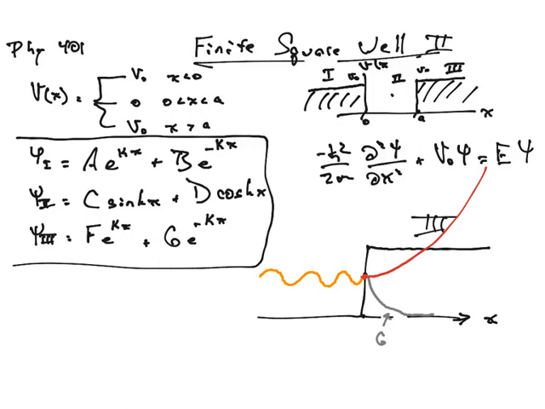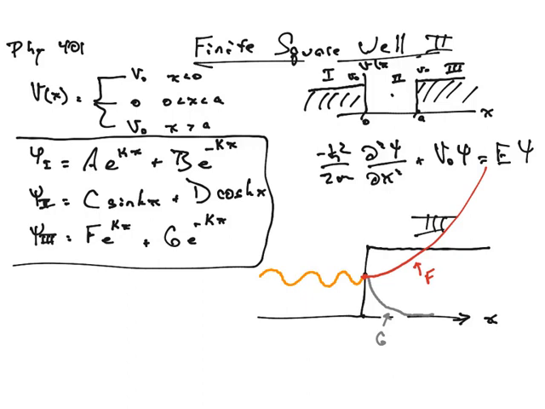The further to the right we go, e to the negative kappa infinity, e to the negative infinity, is just 0. You're getting less and less and less down to 0. So he's good. But the f term, this guy here, notice that as we go further and further to the right, he's getting bigger and bigger and bigger. So when we stick infinity into x, e to the positive infinity is infinity.